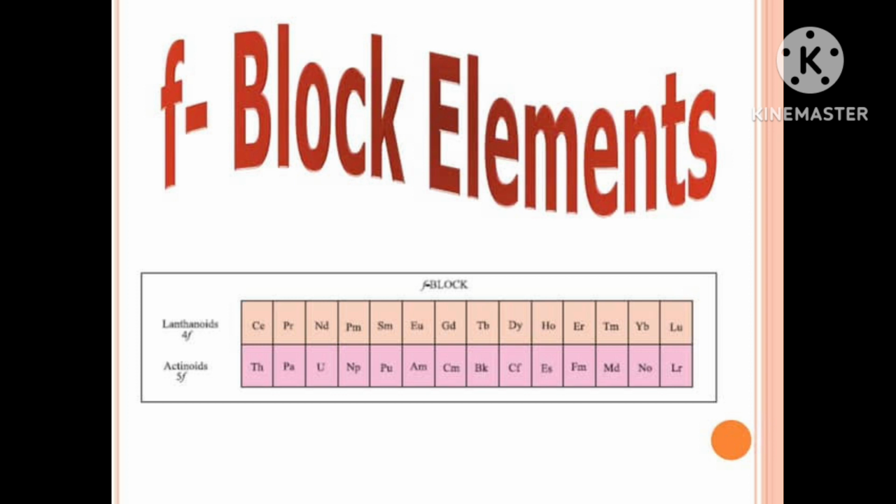It accounts for their occurrence together in nature and for the difficulty faced in their separation. Series 2 and series 3 transition metals can't be separated because their properties and size are very similar.